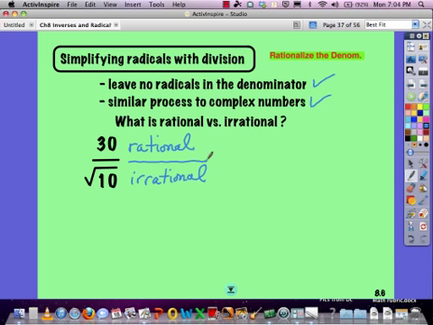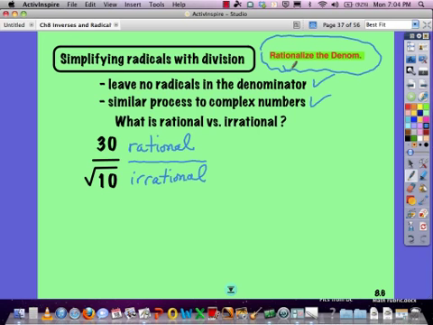This process that we're going to use up top, you can see, is called rationalize the denominator. So if you see directions that say rationalize the denominator, simplify the division, it means we have to get that radical out of the denominator. So we cannot have a radical in the denominator, otherwise it would be considered to be irrational. And our directions say we want to rationalize the denominator.